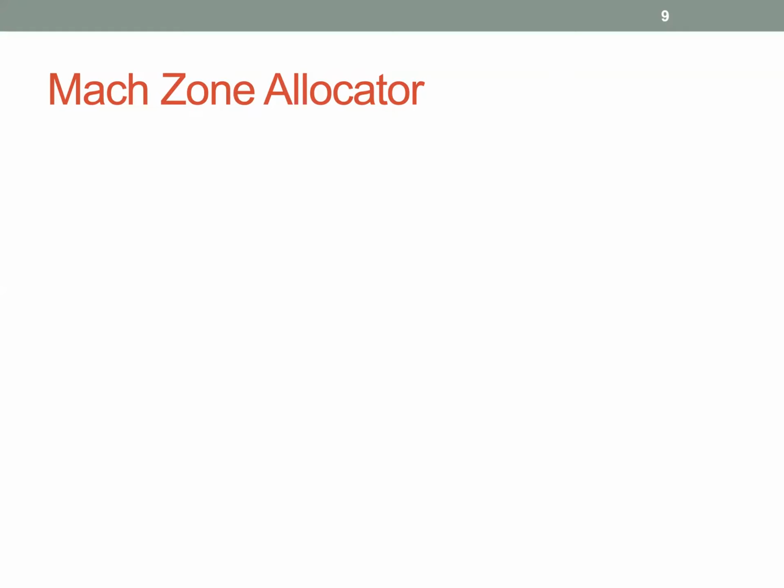Okay, so let's talk about the Mach allocator. This is the Mach operating system developed by CMU, and it has informed the design of several different OSs, and in fact is directly influential on Mac OS, which has taken the Mach kernel and customized it in various ways and built around it.